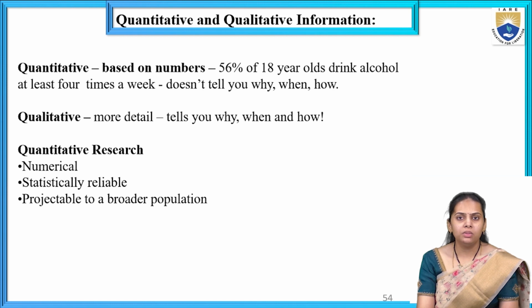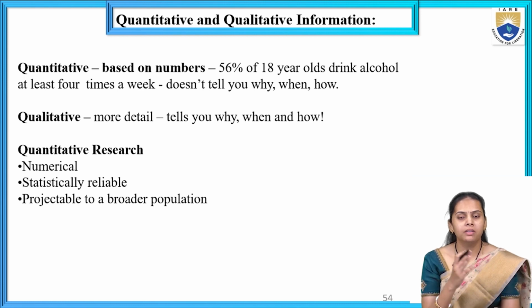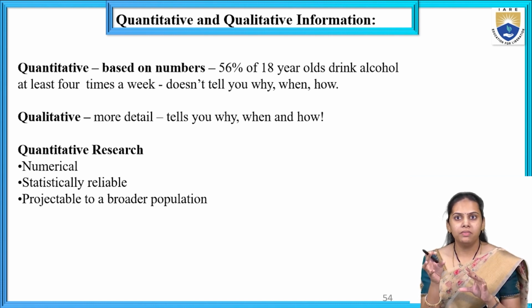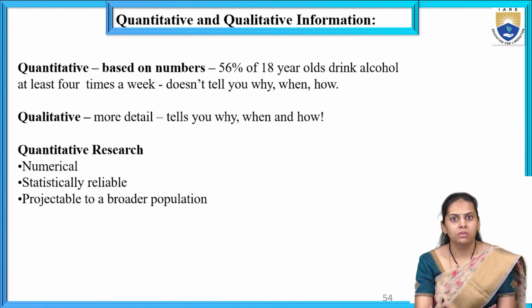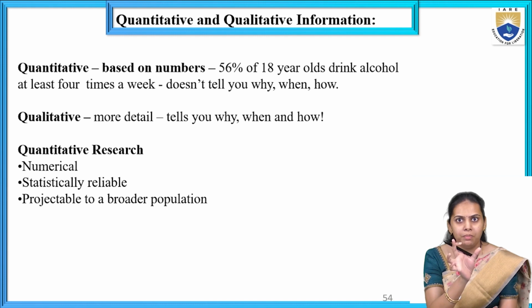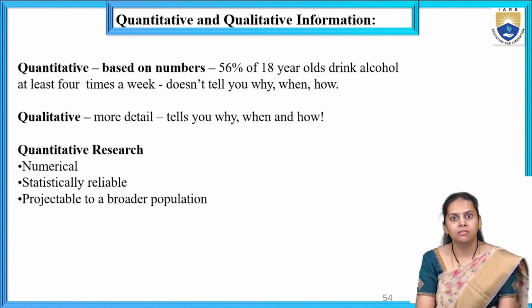Whereas quantitative is based on numbers, for example, a percentage: 56% of 18-year-olds are drinking at least 4 times a week. That doesn't tell you why, when and how. This is just a simple example with a survey.